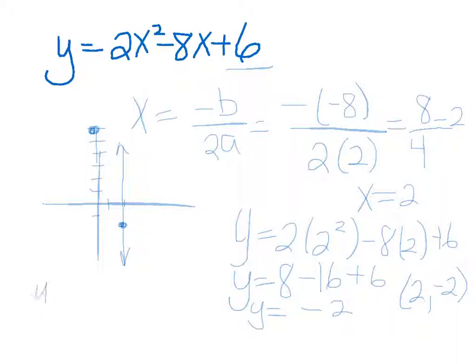So y equals 2 times 1 squared minus 8 times 1 plus 6. 1 squared is 1. 2 times 1 is 2 minus 8 plus 6. 2 minus 8 is negative 6. Negative 6 plus 6 is 0.